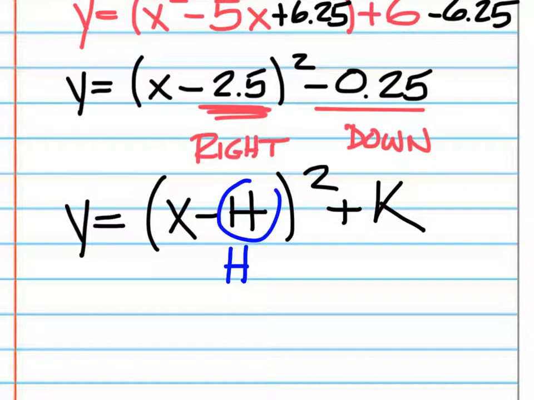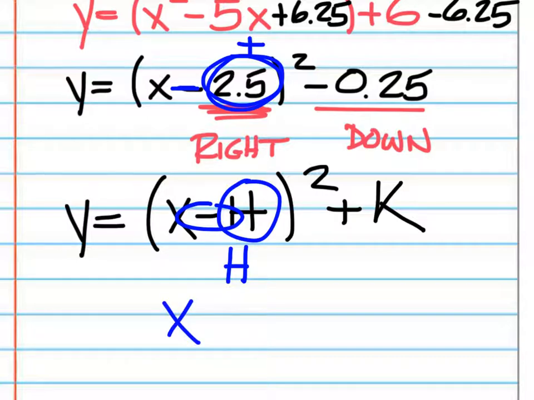It's really h that lets you know what direction you go to. But since it's minus h, whatever you come up with up here, like 2.5, that's really minus a positive 2.5. So positive means you would go to the right, even though there is that minus sign there.